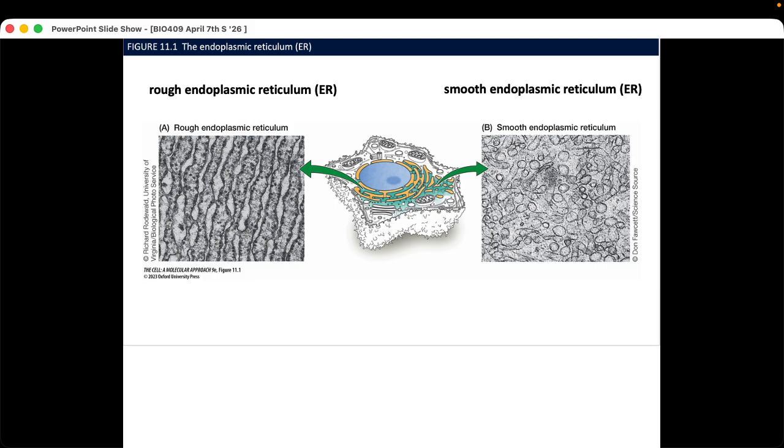And so when we talk about the endoplasmic reticulum, the ER, in our cells, plant and animal cells, eukaryotic cells, there's really two types of ER. And they are both named the same because they look very similar under an electron microscope.